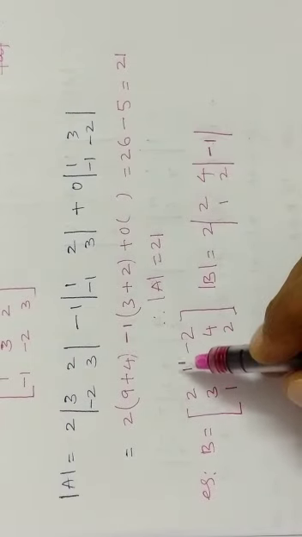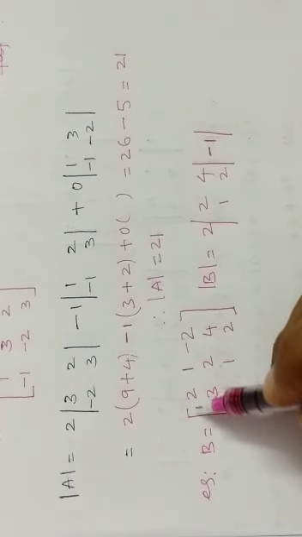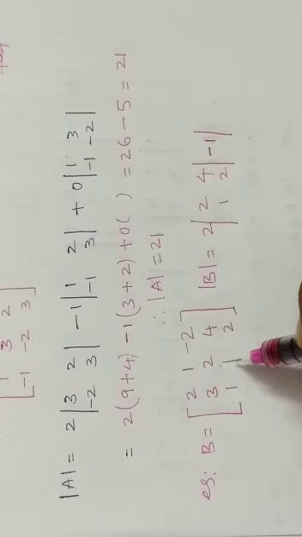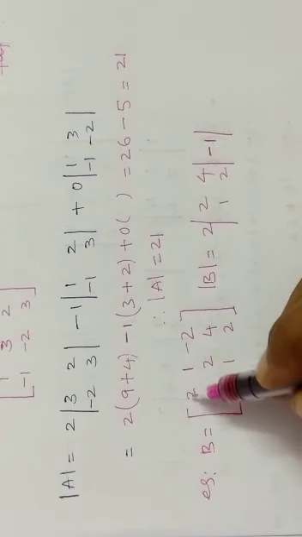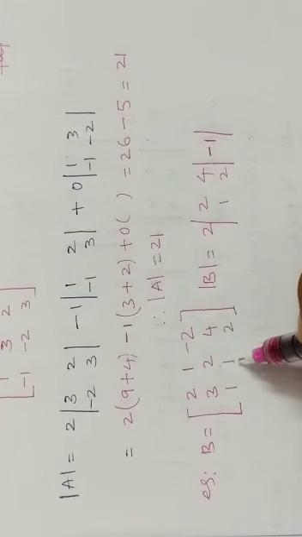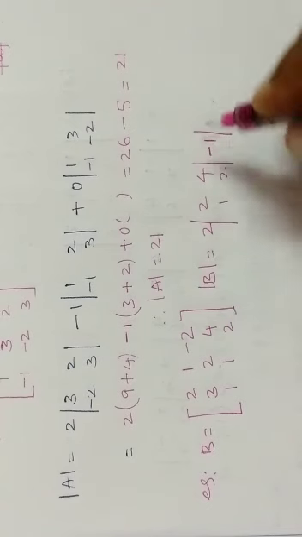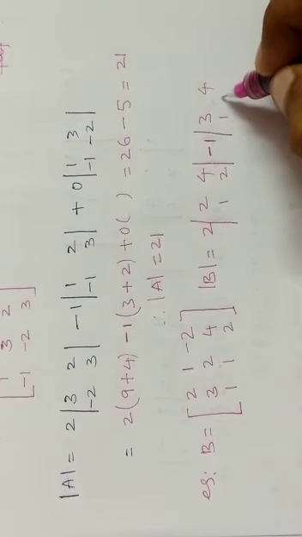Now remove the row and column where this element is located. This element is located in the first row, second column. Remove that. You are left with 4 elements. What are those? 3 4 1 2.